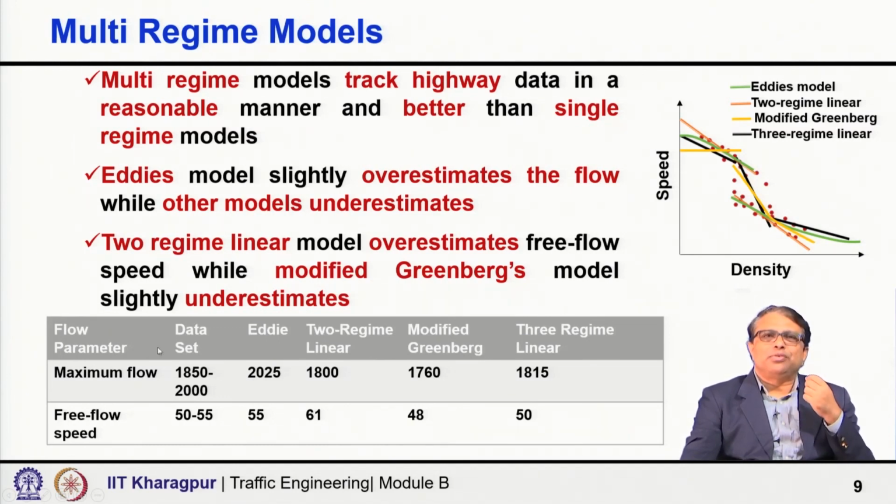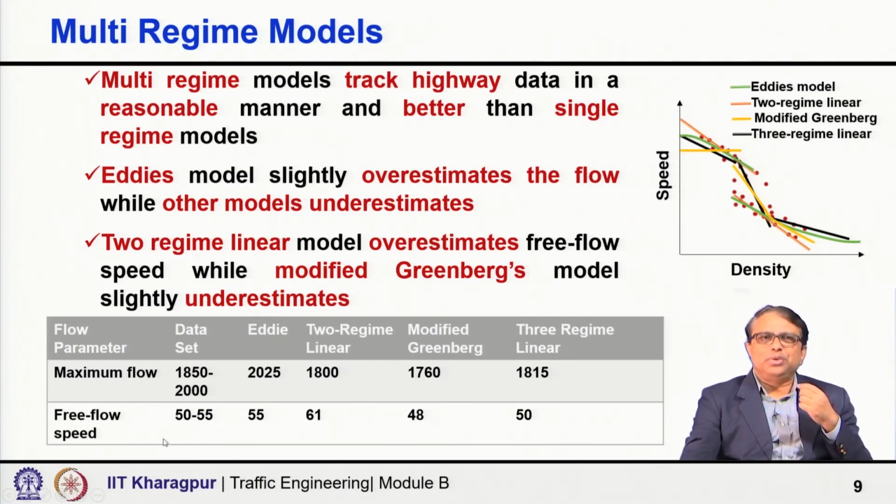Look at this maximum flow in the range of 1850 to 2000 as per the data set, and AD is giving a slightly higher value, whereas all other three models are giving somewhat lower values. Also, the two regime linear model overestimates the free flow speed, while the modified Greenberg's model slightly underestimates.